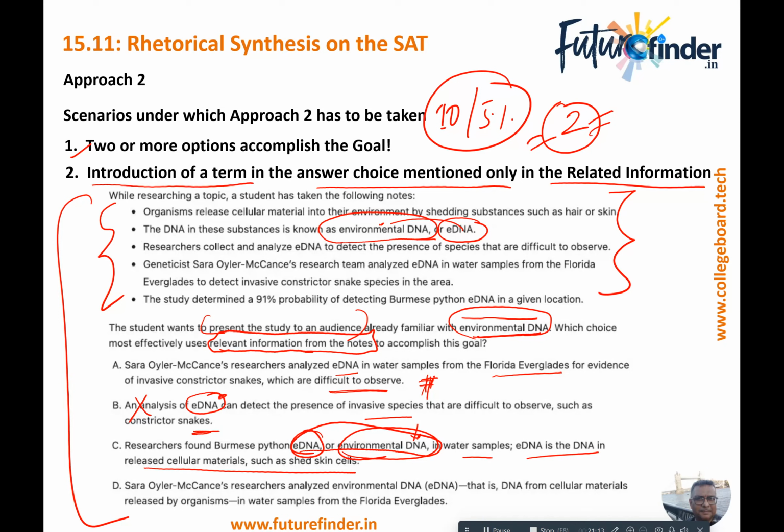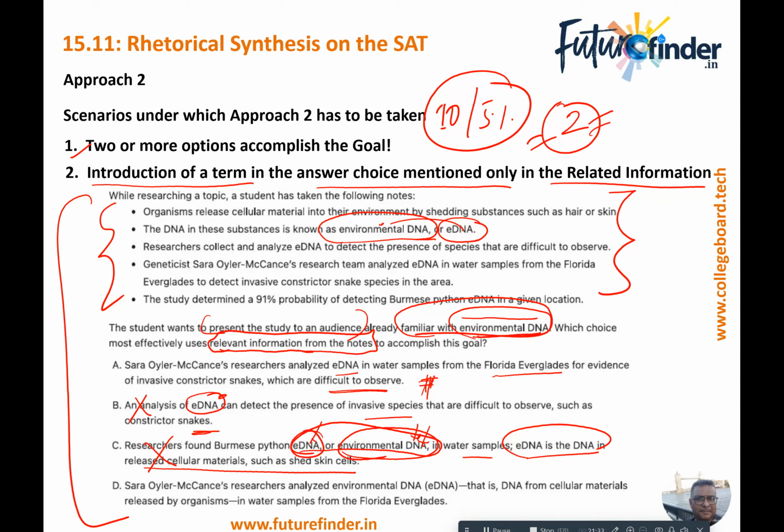The question categorically says that the audience is familiar with environmental DNA. So we don't need to define what eDNA is, what it looks like, and things like that. So this is eliminated because you will not say all these things to an audience which is already familiar with eDNA.